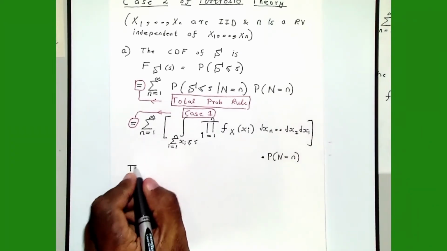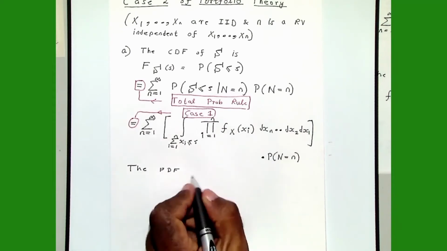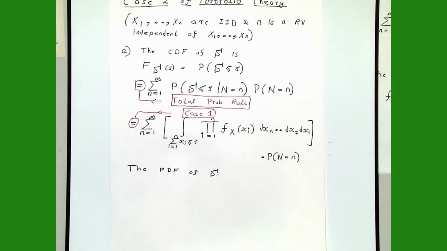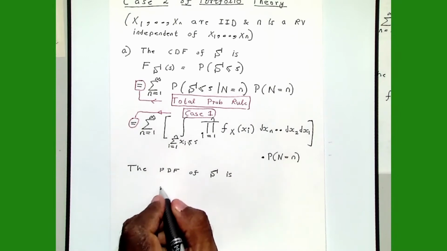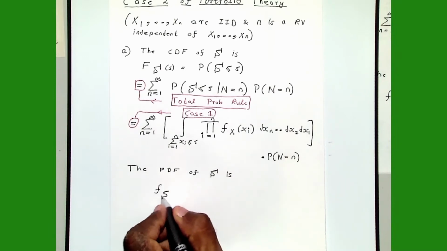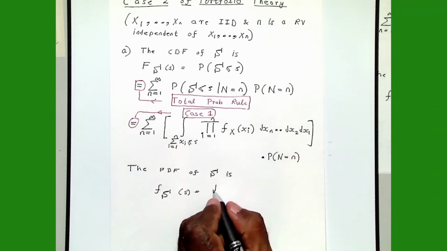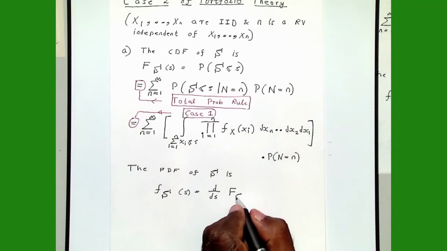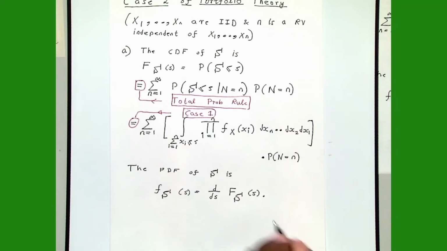Now the PDF of S is simply the derivative of the CDF of S, right? Okay, that's variable A.